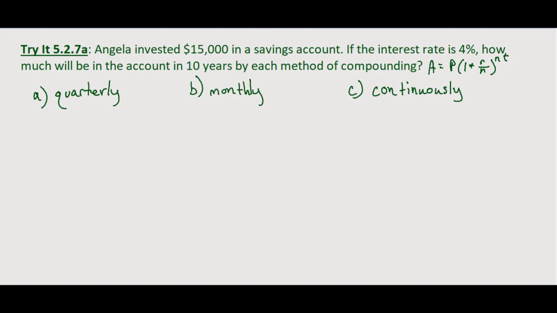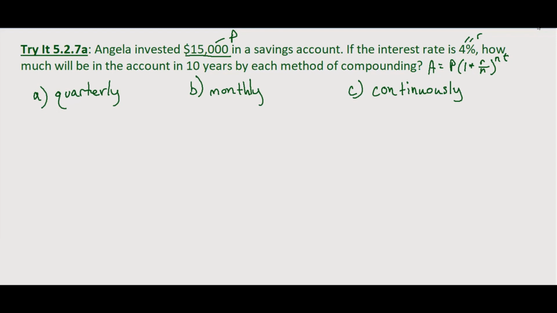So let's identify the different parts. Where is the ending amount? Well, that's the part in question. What's the principal amount? That's the initial investment, so that's $15,000. That's P. Where's our rate? Well, that's 4%, R. And then N is going to change based on which A, B, or C we're using.